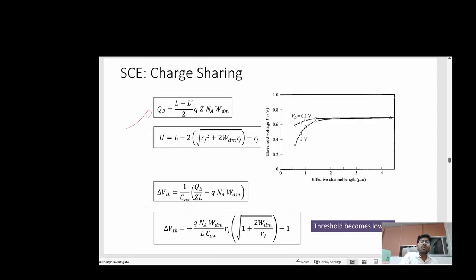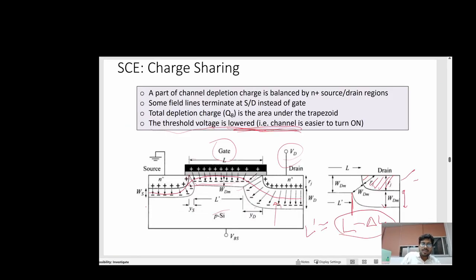Now QB, the charge generated because of that gate voltage, is (L plus L dash) divided by 2 into WDM. WDM is this width, the maximum depletion region width, which is due to the gate voltage.